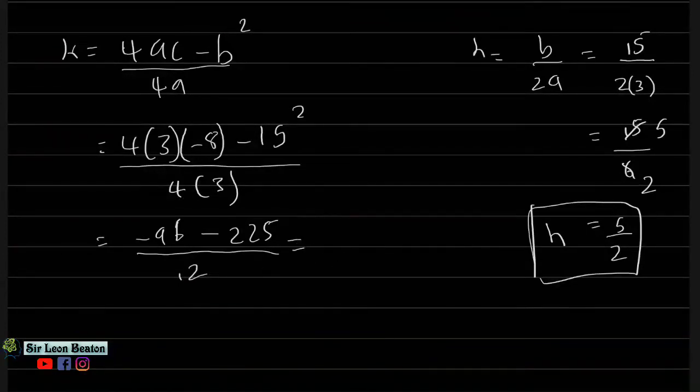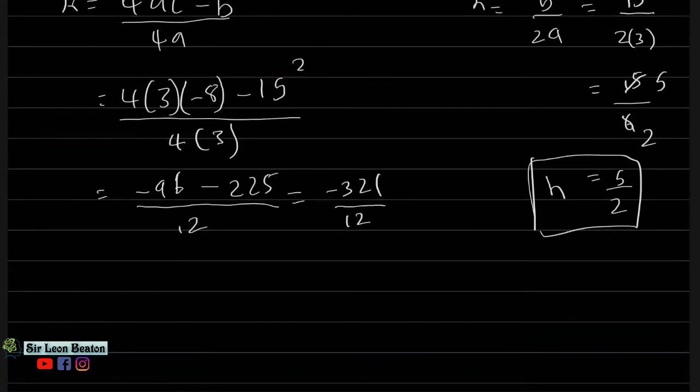So when you work this out, negative 96 minus 225, that would give us negative 321 divided by 12. So when we break this down, we know 12 divided by 3 would give us 4, and 321 divided by 3 will give us 107. So we have negative 107 over 4, and that is k.